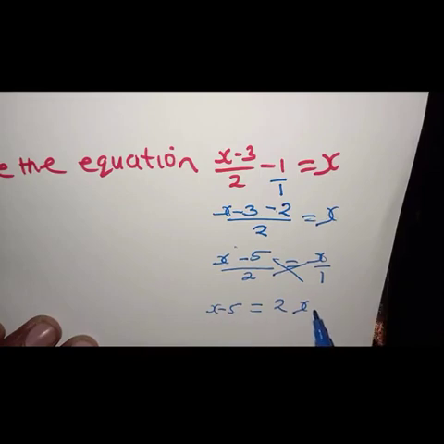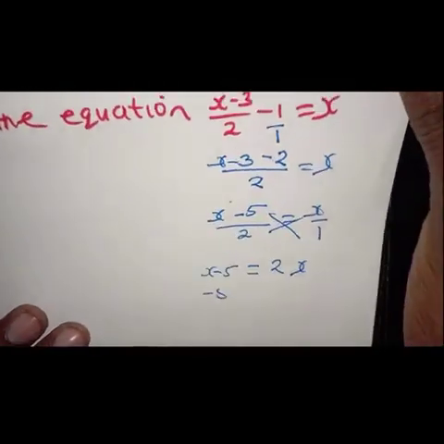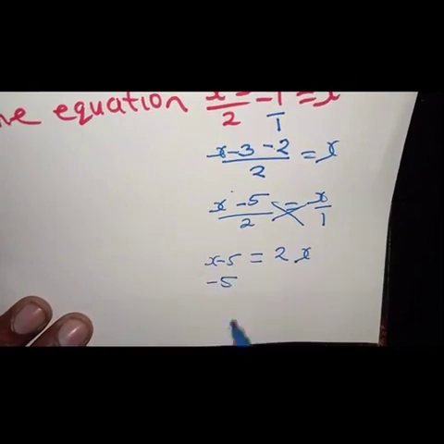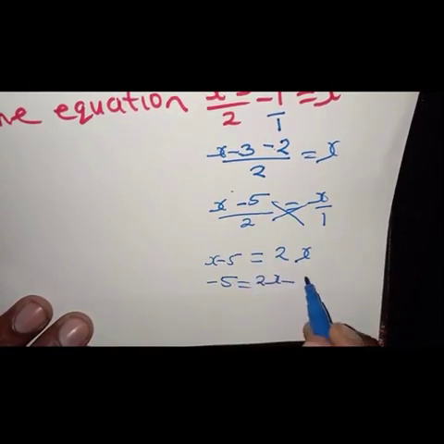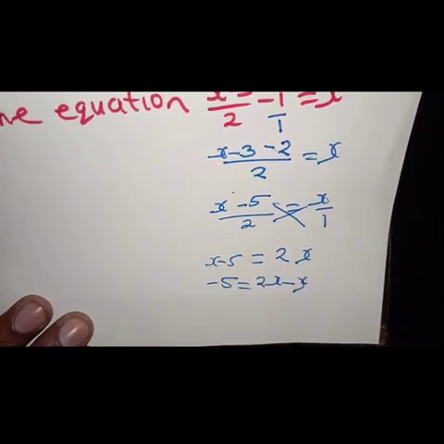X, let it go where there is a fellow x, right? A number with an x with it. They are like terms. So -5 will remain here. -5 will remain. Then we have 2x here. This x will cross to become -x, right?